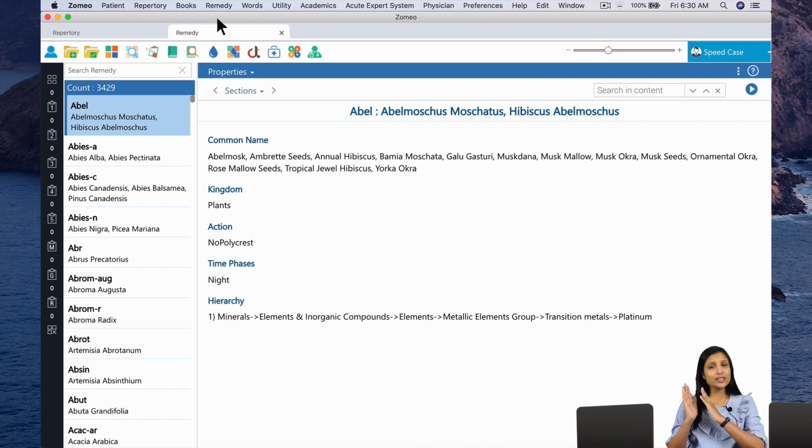Once we click on it, on the left-hand side is the entire list of remedies that are represented in Hompath Zomeo. Now, since we are looking for information about Hepar Sulph, let's directly jump to that remedy. To do that, in the search bar, just enter the word Hepar.